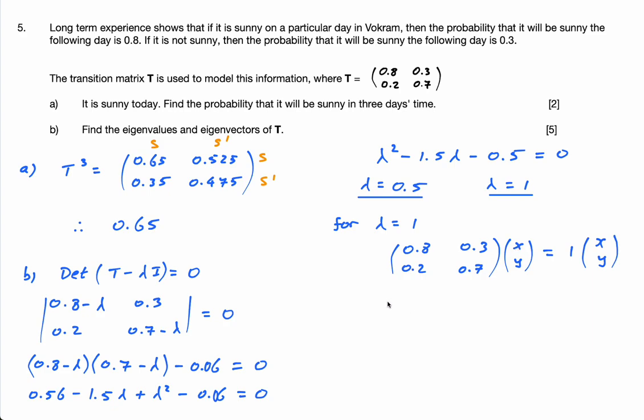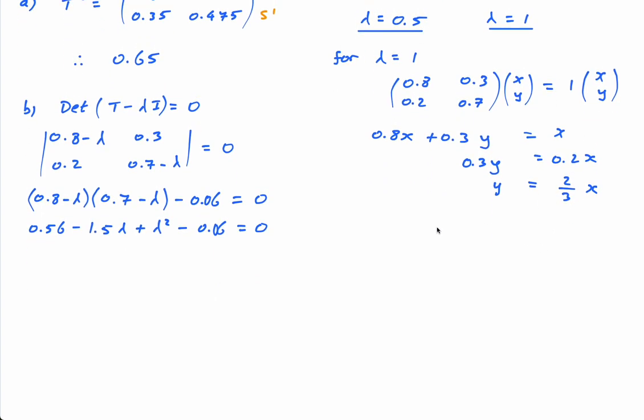And then we have 0.8x plus 0.3y has to equal x. 0.3y equals 0.2x, and y is equal to 0.2x over 0.3, so y equals 2 over 3x. The eigenvector is then 1 and 2 over 3. You can think of it like that.